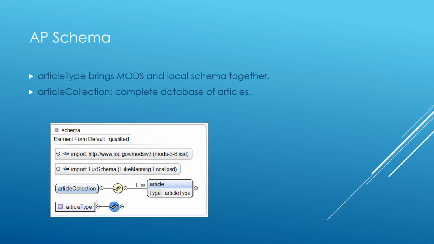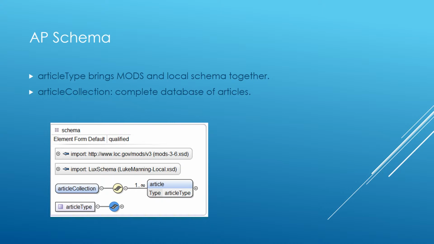So for the application schema, we have just the container elements, article type and article collection. The article collection can collect an unlimited number of articles within it.